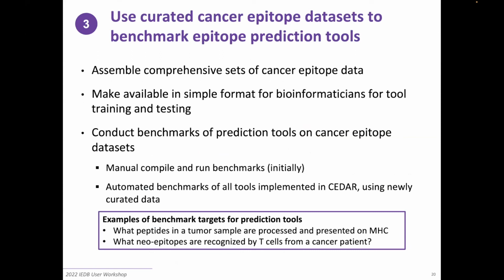They can use them to train tools, test the performance of different tools. And like we do for the IEDB, we will conduct benchmark evaluations of prediction tools specifically on cancer epitope datasets. And you see here some examples of benchmark targets for prediction tools in the box below.